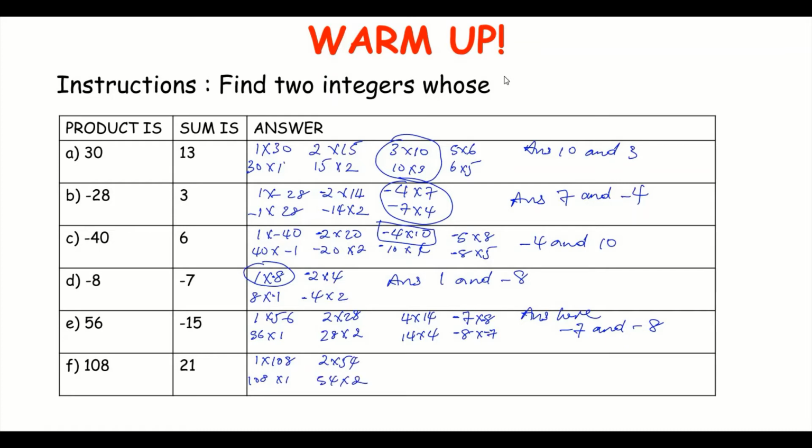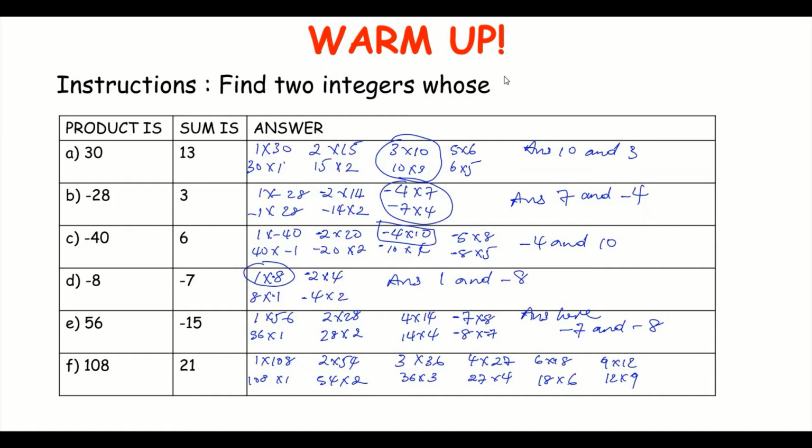I hope you guys are following, doing your own in your notebooks. 3 times 36 and 36 times 3. Then we have 4 times 27 and 27 times 4. Then we have 6 times 18 and 18 times 6. Then we have 9 times 12 and 12 times 9.